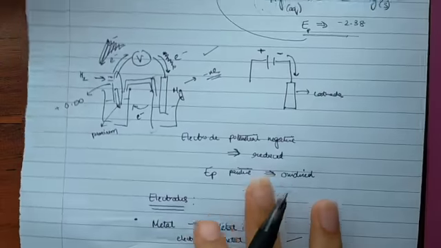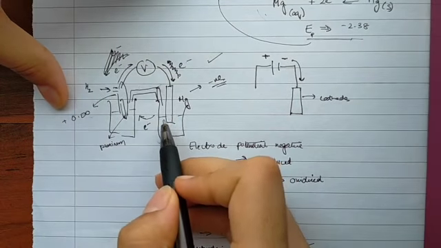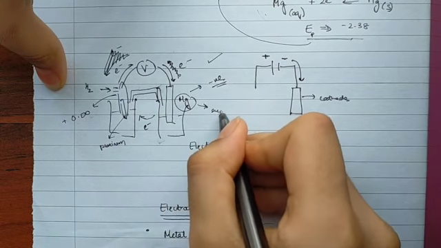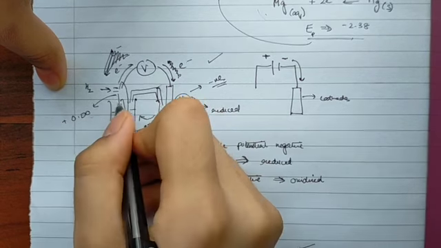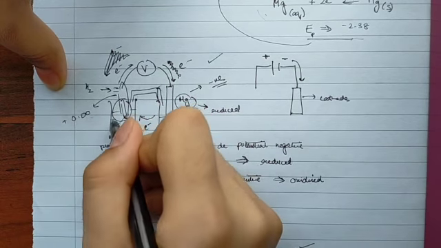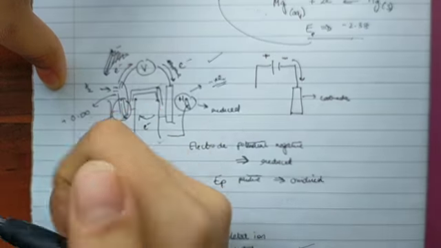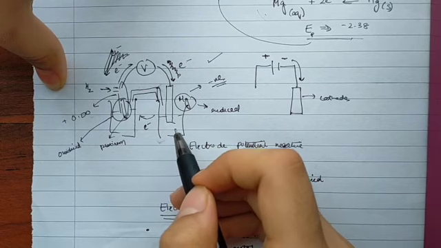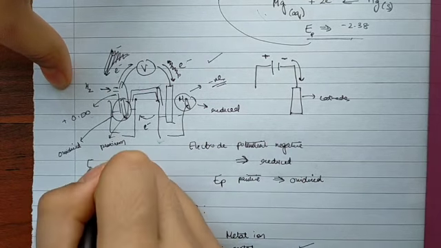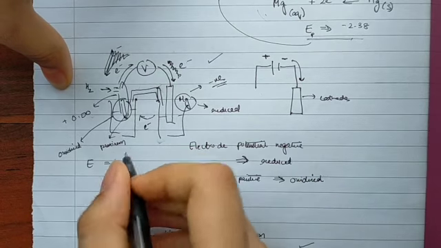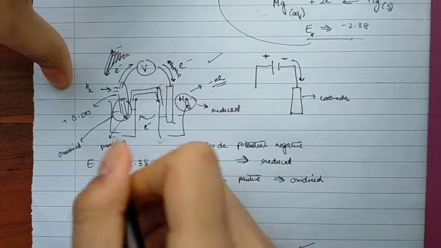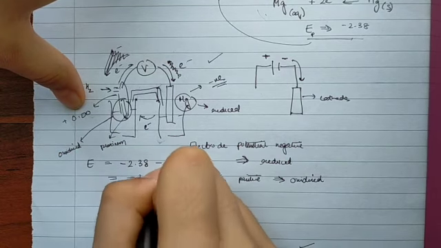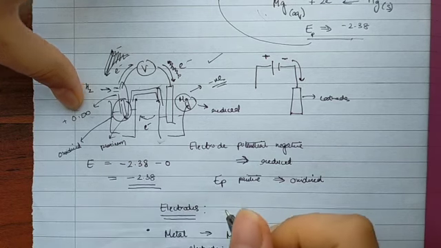Going back to our magnesium and hydrogen example, the electrode being reduced is magnesium, and the electrode being oxidized is hydrogen. So the total electrode potential is the electrode potential of magnesium minus that of hydrogen, which is 0. So the total electrode potential is minus 2.38.